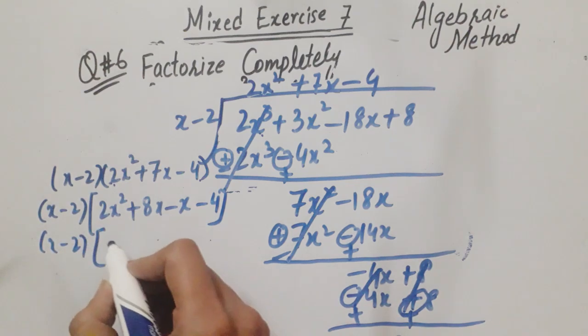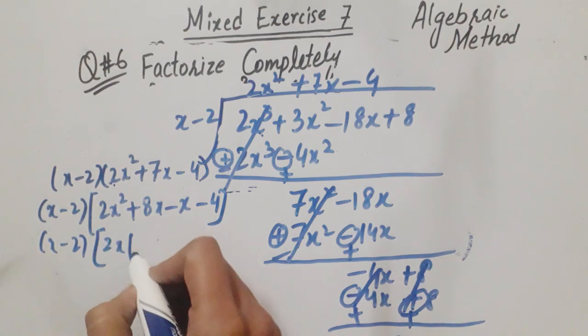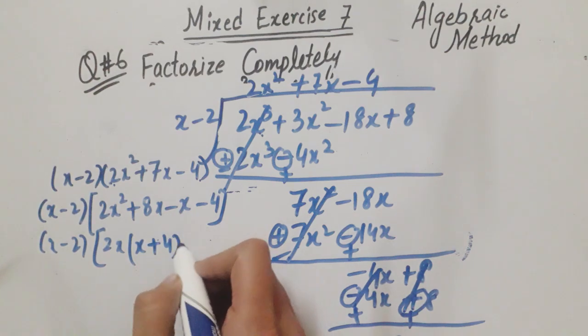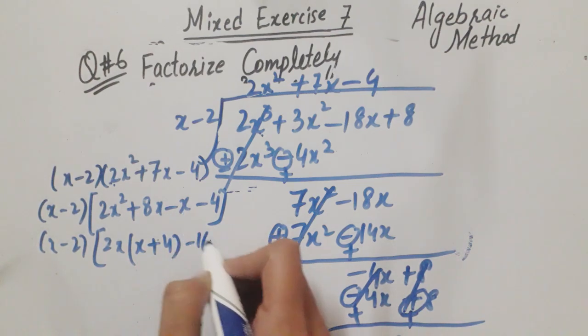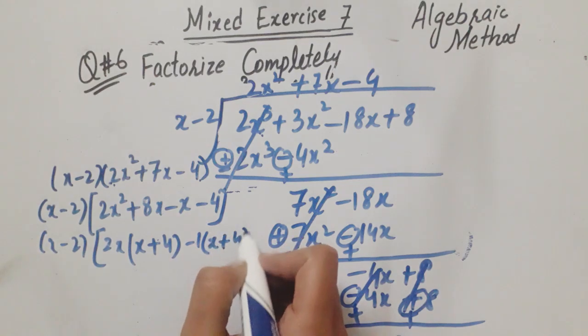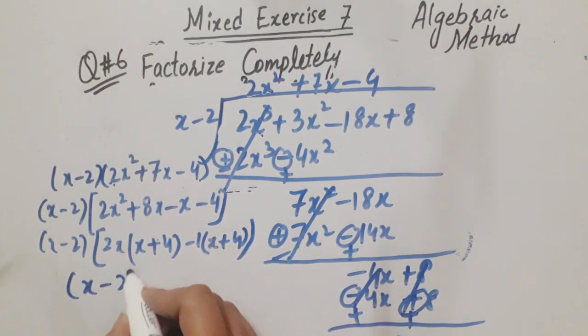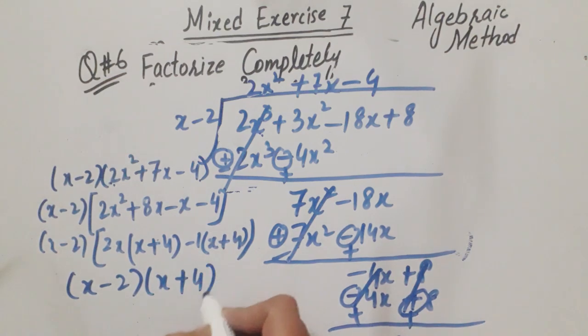Now take 2x as common, the remaining is x plus 4, and take minus 1 as common, we will get x plus 4. Now the factors are x minus 2, x plus 4 and 2x minus 1. So this is the required answer of this question.